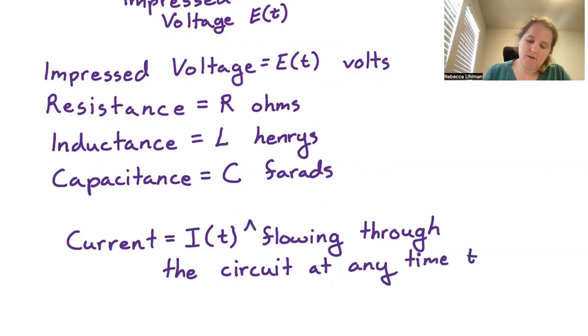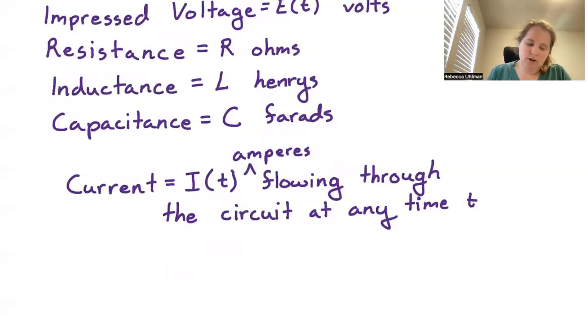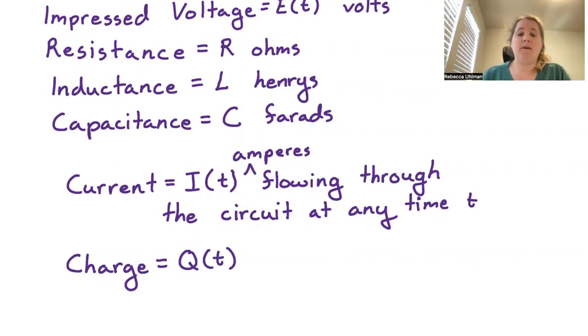I should have said the current is measured in amperes. And then we have our charge, which is Q of t, held by the capacitor at any time t.